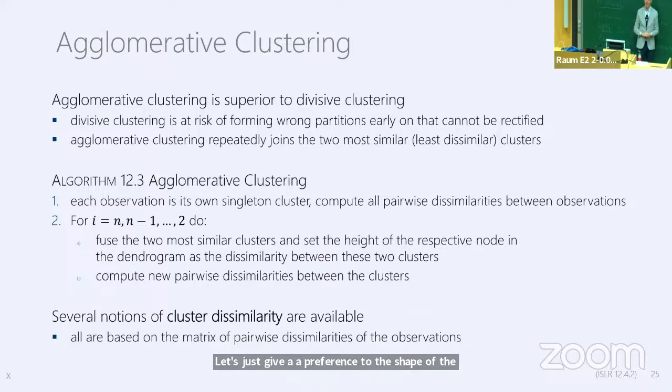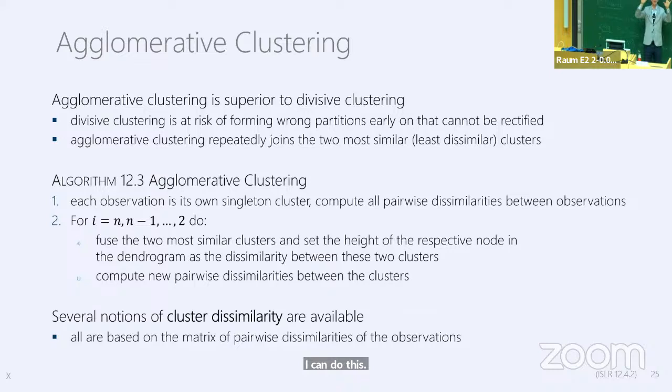Yes? We get weird structures. What is a weird structure? Not a ball. No, exactly. If we want a ball, everybody likes balls, bounce, bounce, bounce. We want a ball. What measure should we use? So what is the distance between the two clusters? I can do this. We want a ball. Yes, you're all the way in the back.